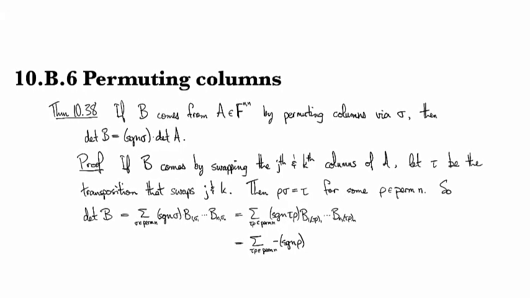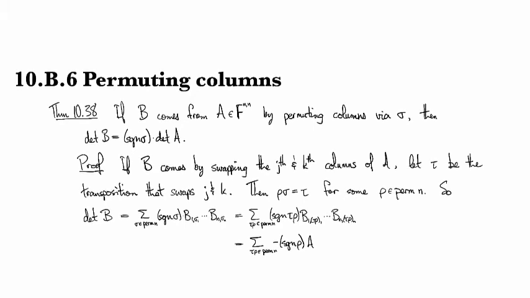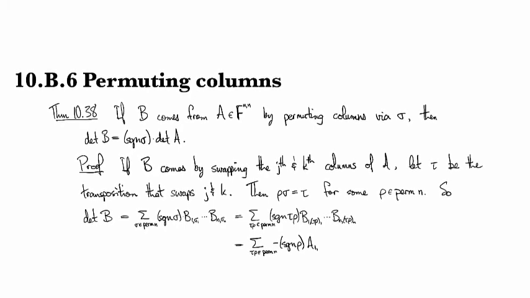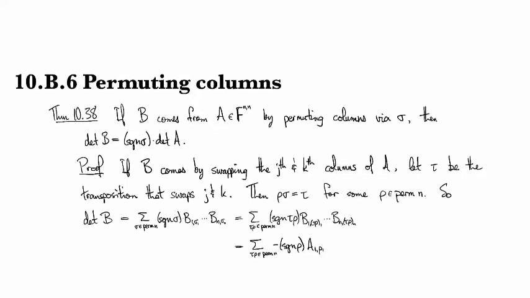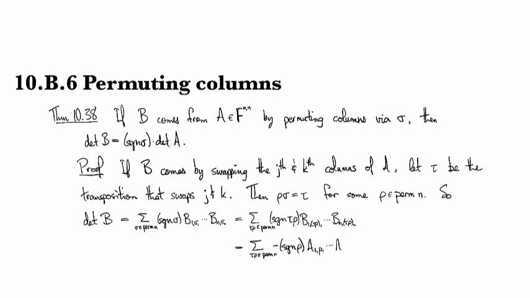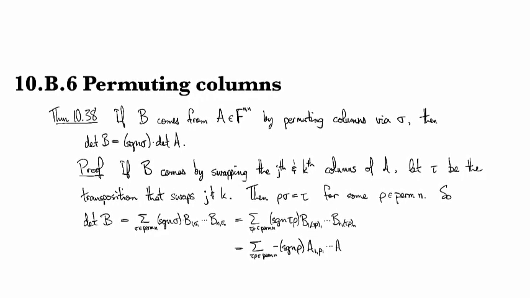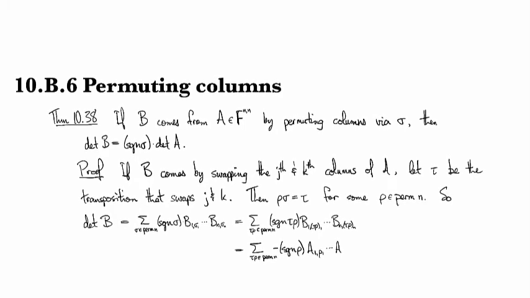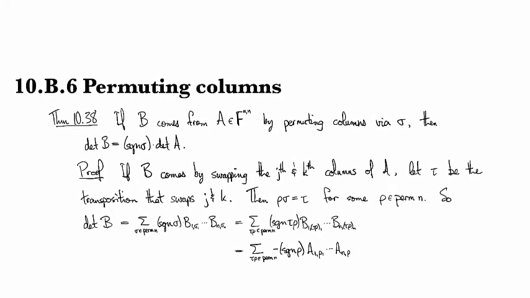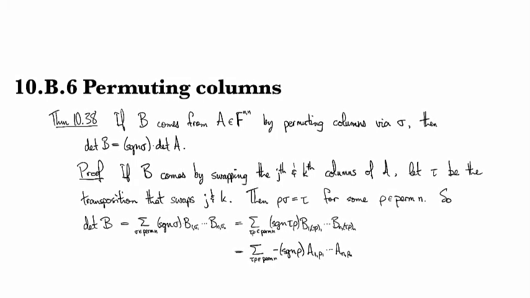And then we've got A, because B came from A by an application of tau. So we get this one.